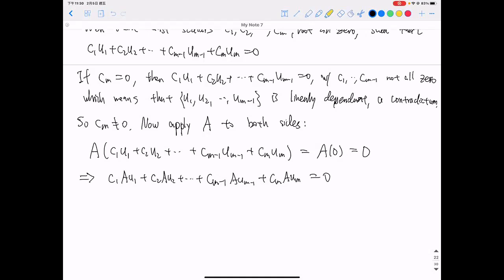And now because the U's are eigenvectors, these are lambda1 U1 and lambda2 U2, and so on, up to C(m-1) lambda(m-1) U(m-1), Cm lambda m Um equal to 0.